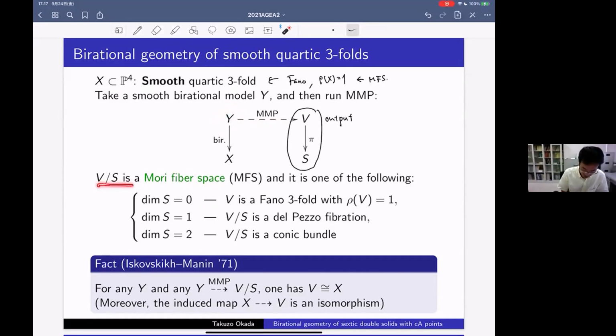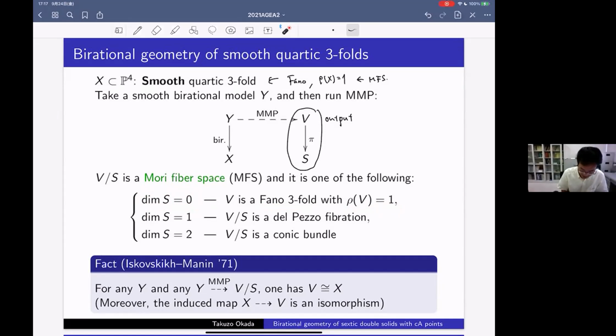This output is a Mori fibre space, and since this is a threefold, it is one of the following according to the dimension of the base. If the base is a point, then it is a Fano threefold with Picard number 1.